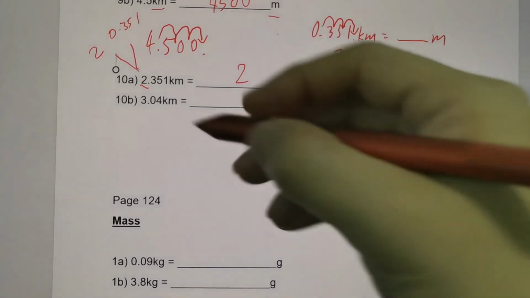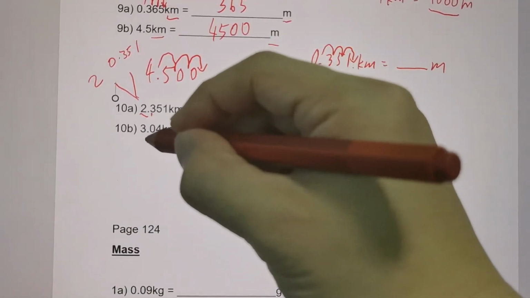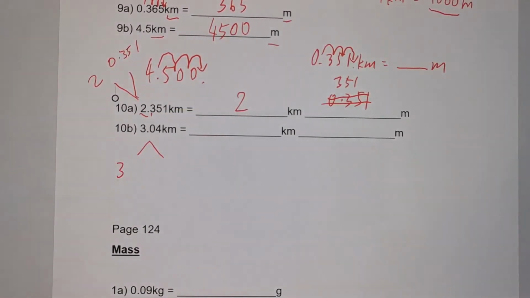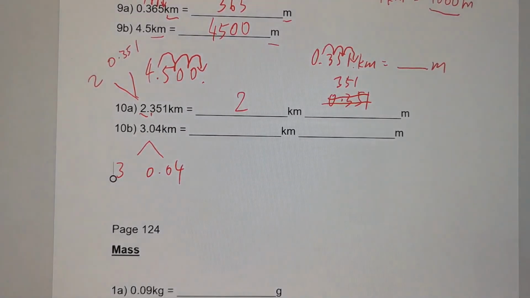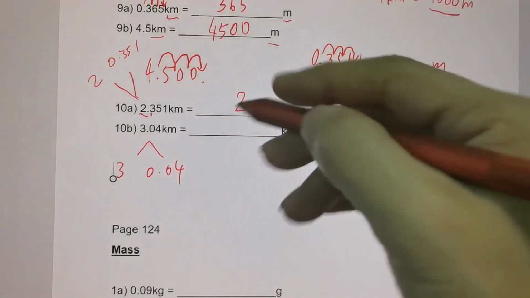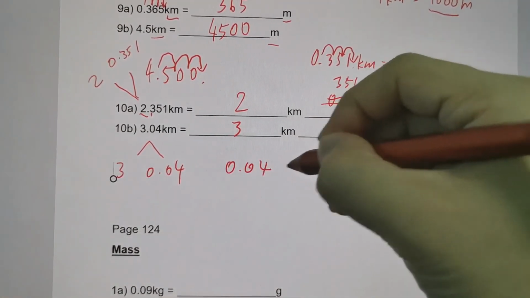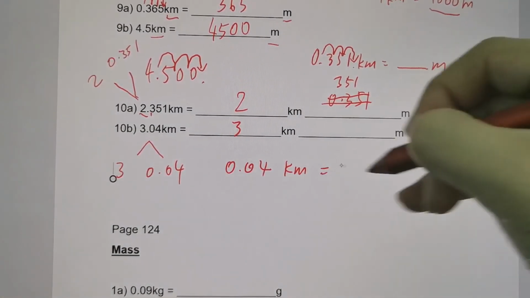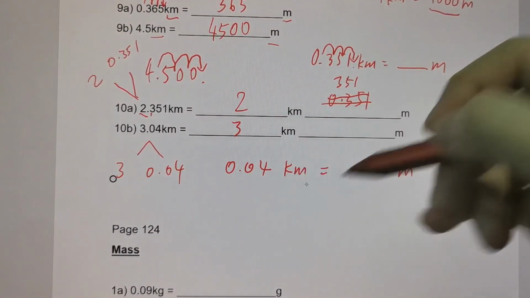Okay, and then let's do 10B. 10B, split up 3 and 0.04. Okay, now 3 kilometers, 3 kilometers. 0.04 is in kilometers and I want it in meters. And remember, it's moving towards the right-hand side. You see?